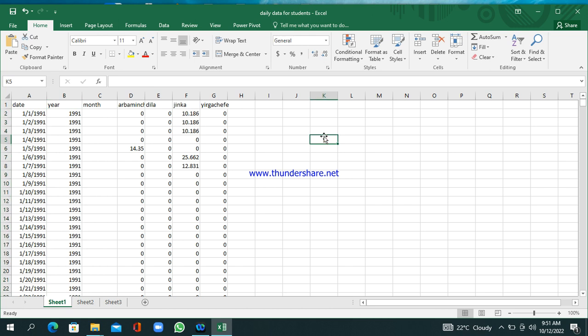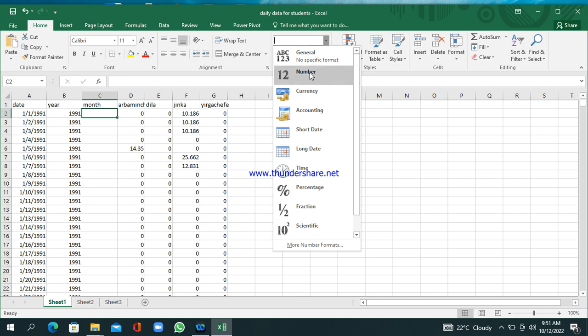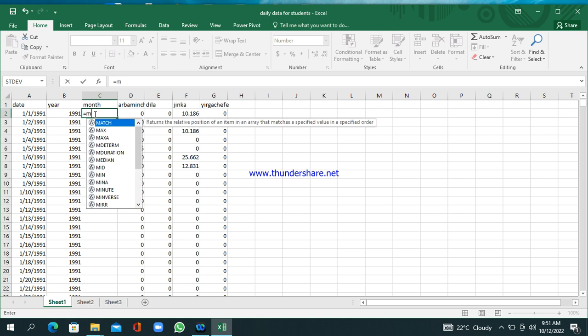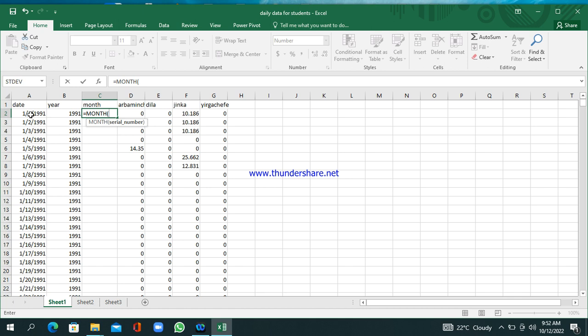The same for months. Make sure this is a number. Now equal sign, write M, select the date, close, then enter, then double click.